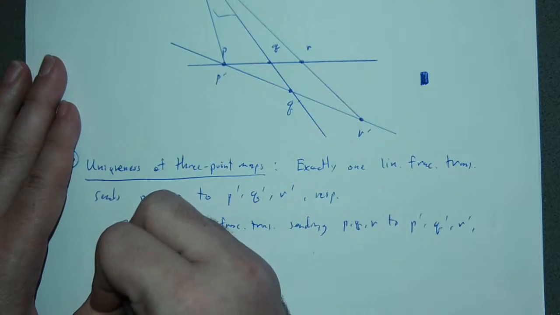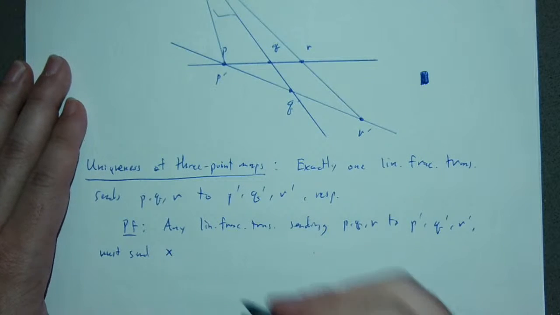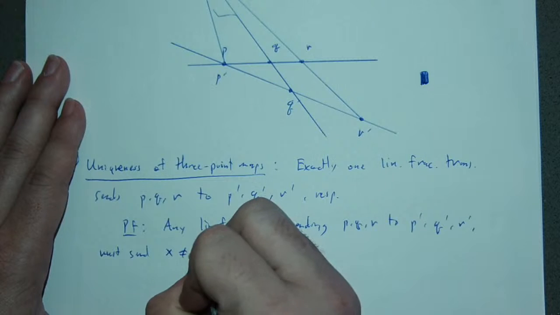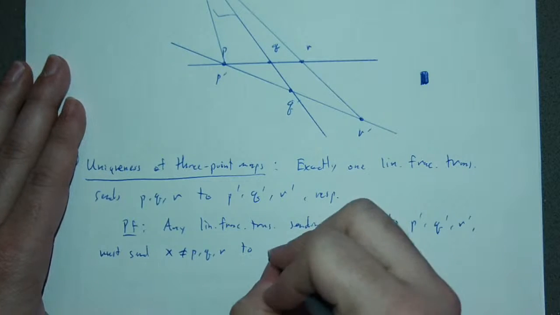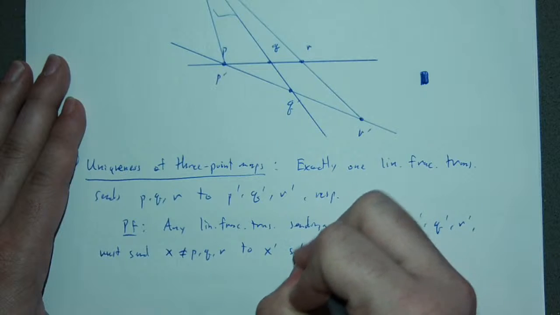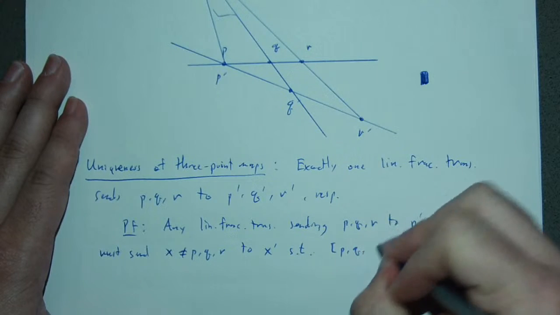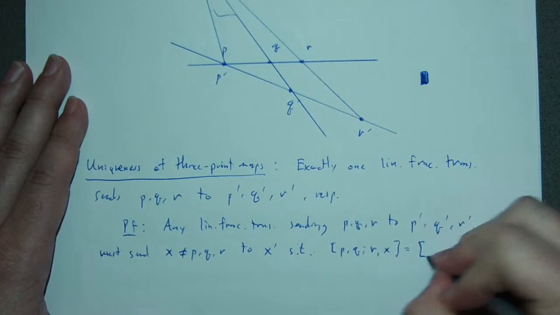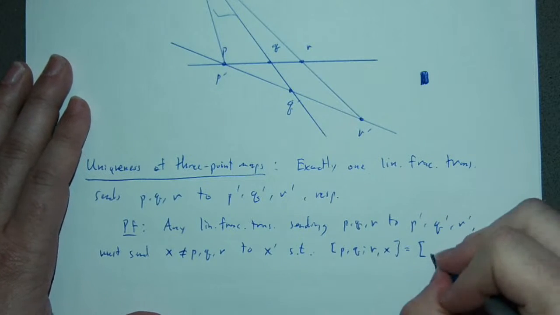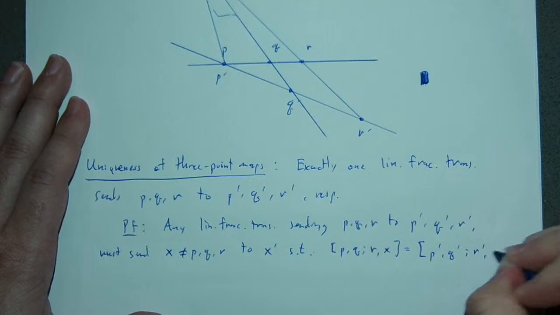Must send some point X that is not one of those things to an X prime such that the cross ratio (P, Q, R, X) is equal to (P prime, Q prime, R prime, X prime).